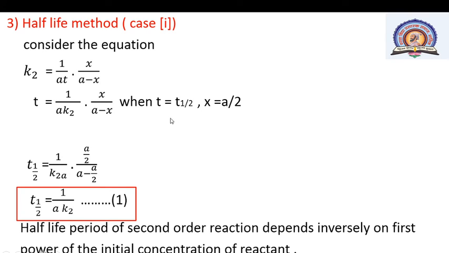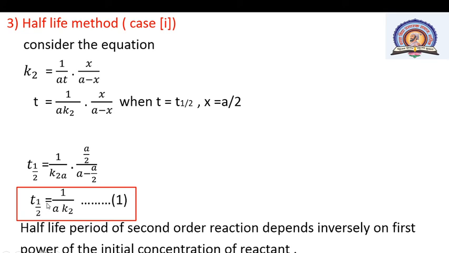When t is equal to t half and x is equal to a by 2, substituting these values of t and x in this equation, t half is equal to 1 upon k2 into a into the value of x, a by 2, divided by a minus a by 2.